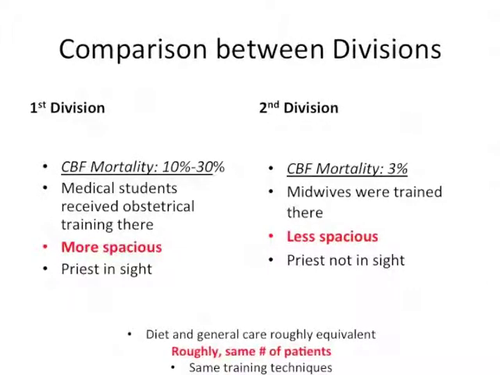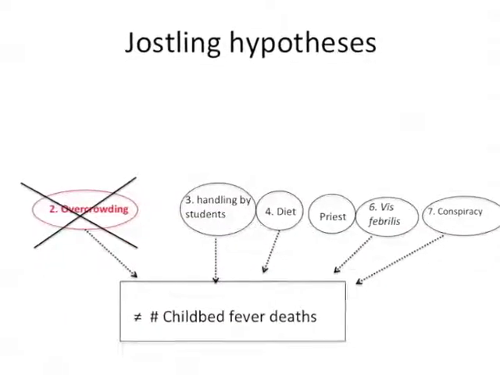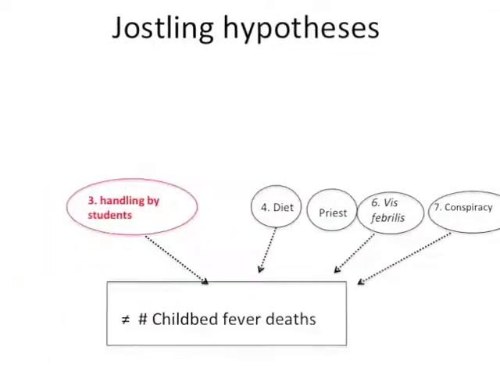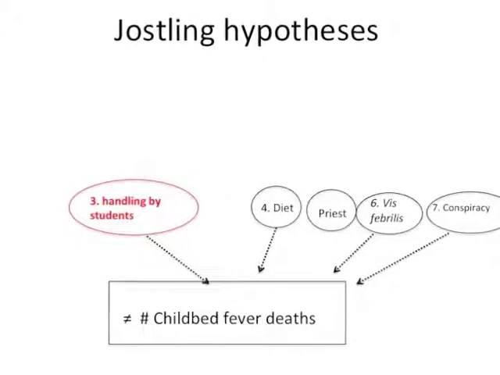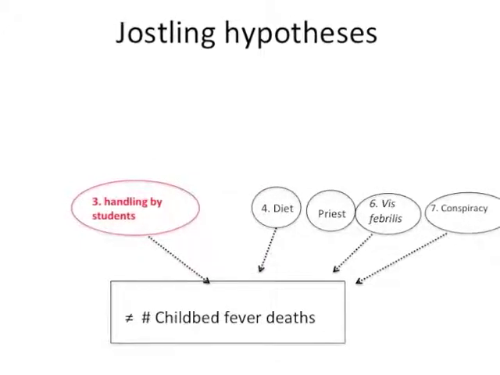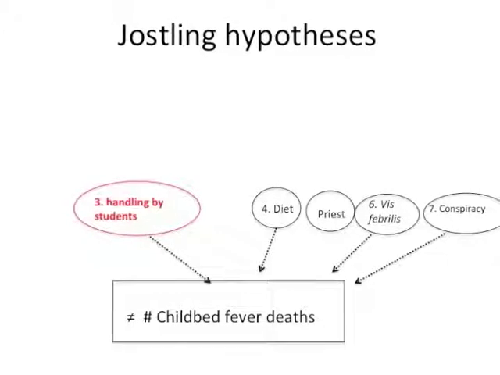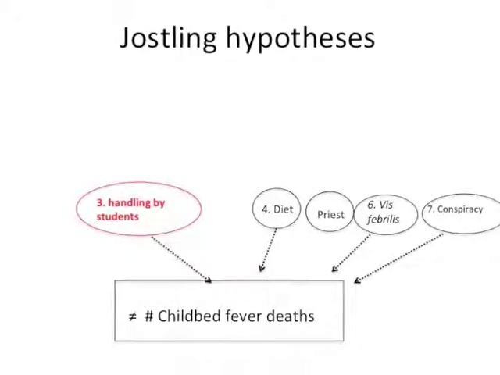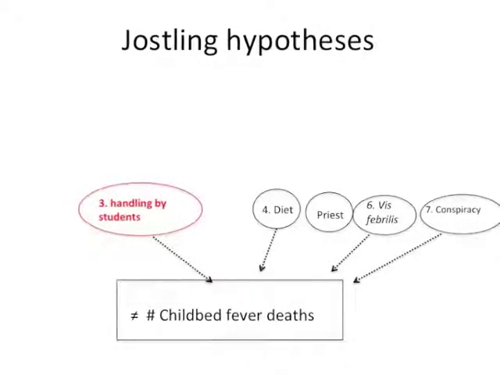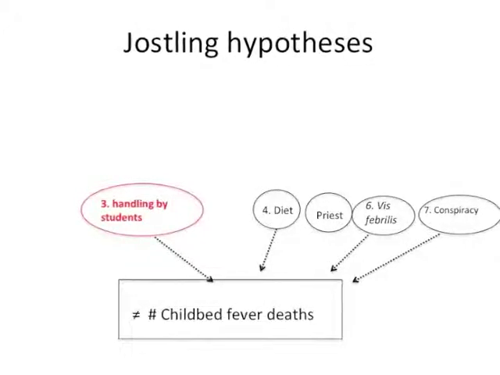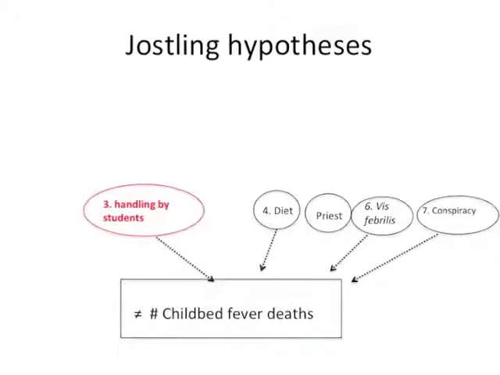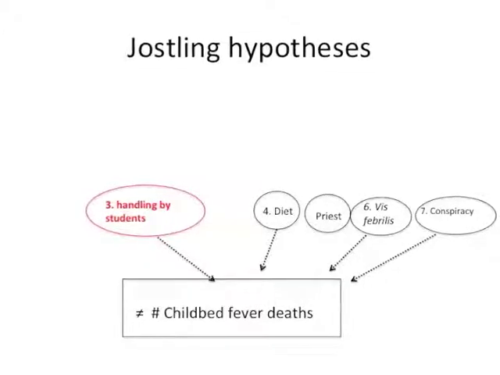So again, this hypothesis is not going to work. So we cross it out. What about hypothesis number 3? That is, the cause is given by the difference in terms of the patient handling, in that the students were supposed perhaps to use techniques that were more harmful to the patients.